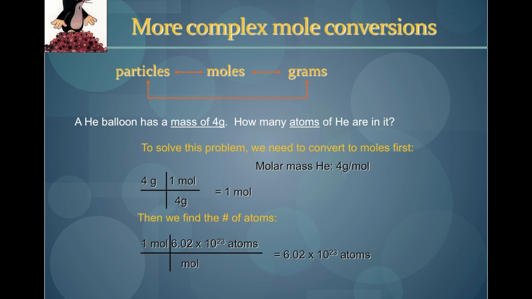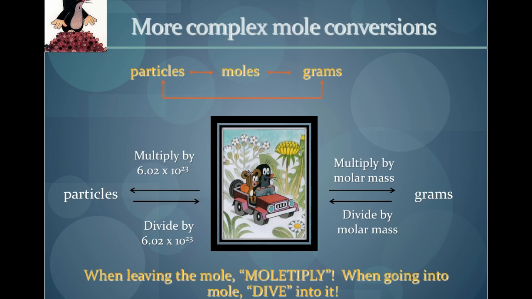And here's a cute little conversion table. If we start with particles, we can convert to moles by dividing by 6.02 times 10 to the 23. And if we want to go from moles to particles, we multiply by 6.02 times 10 to the 23. And then we can also go from moles to grams.